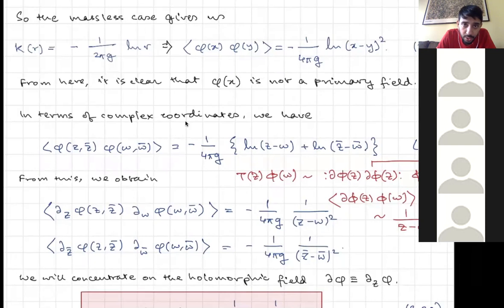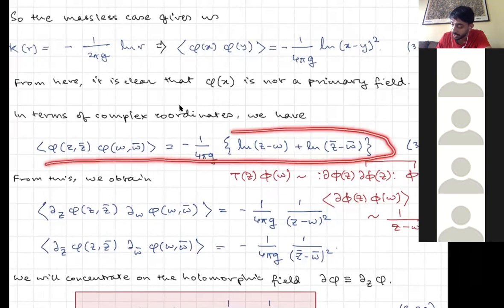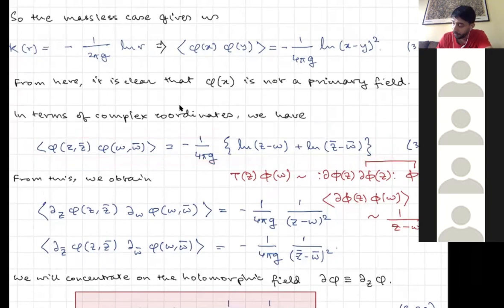So what I was trying to show you is that if the phi with phi goes as log, then the del phi with phi will go as 1 over z, right?